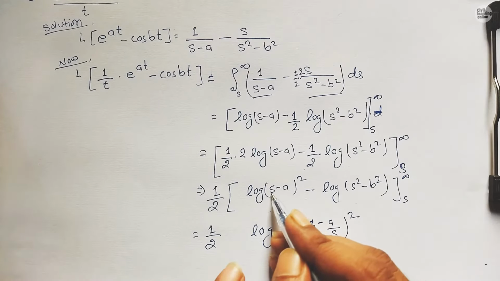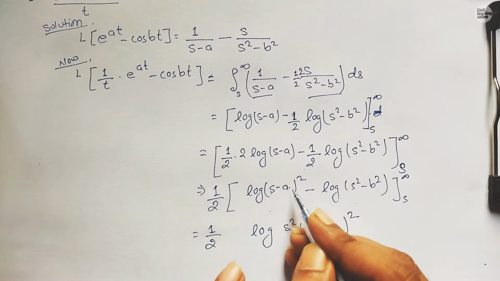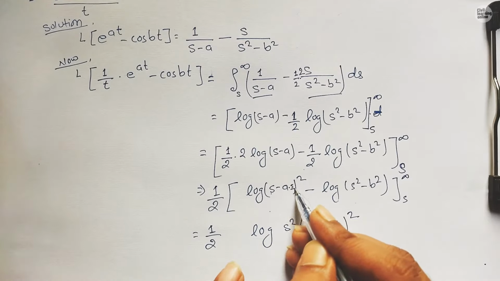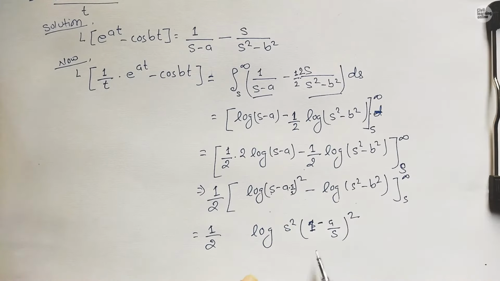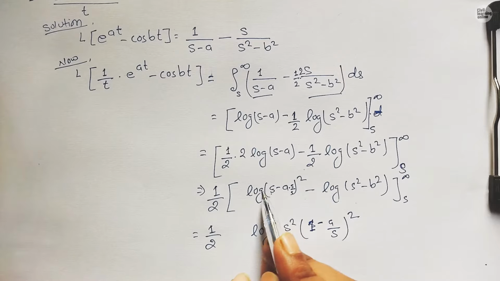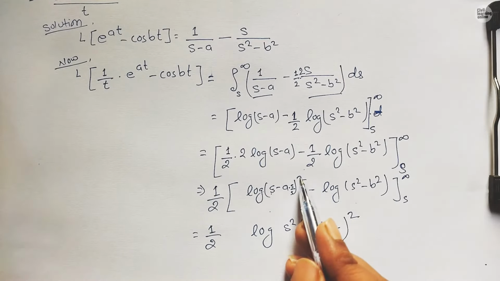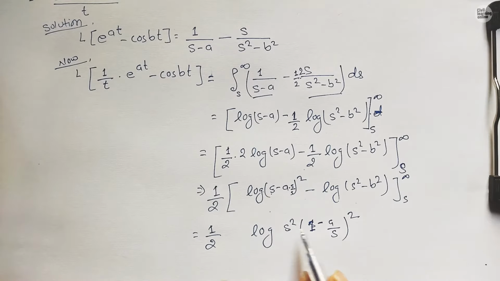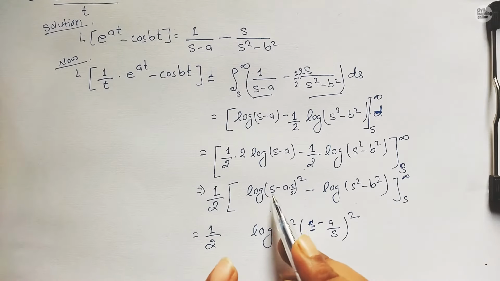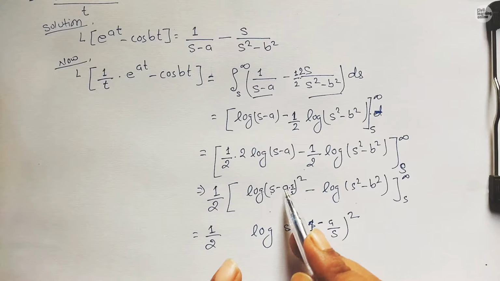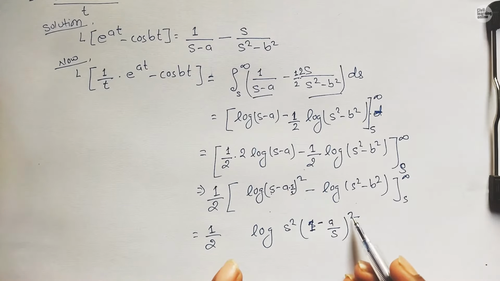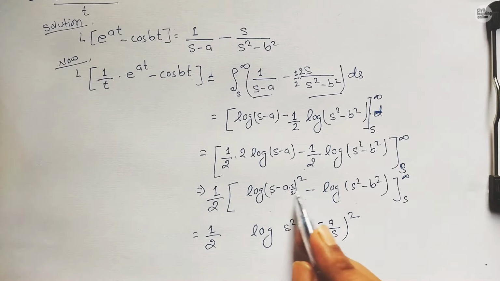Here we have s, but here s is missing, so I multiplied it by s and divided by s. So we have taken s common from both. On taking s common, due to this power it will become s square, and in the bracket it becomes 1 minus a upon s, and this whole square.